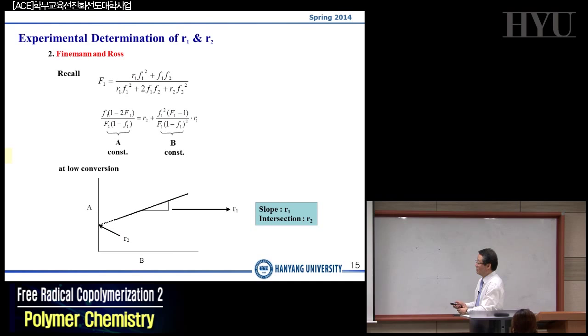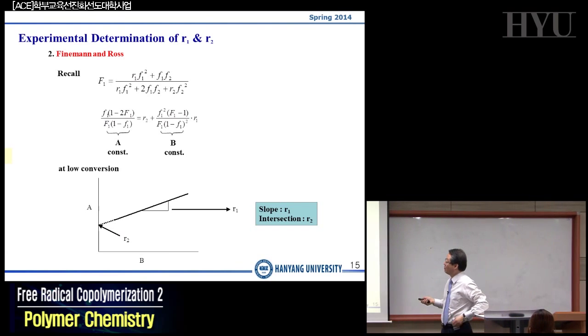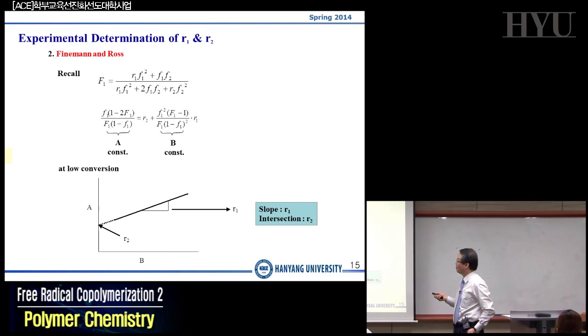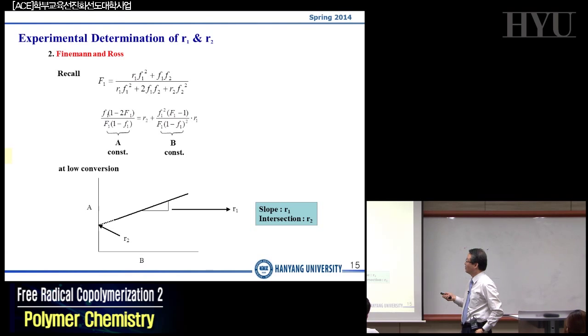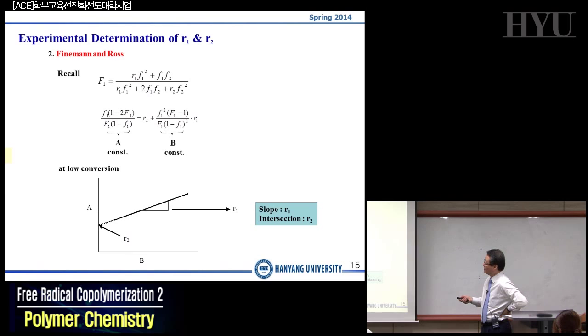And with the same analogy, if you change the small f1, the feed mole fraction, and then you can get the copolymer mole fraction of component 1, then you can get the different constant values at a given f1.